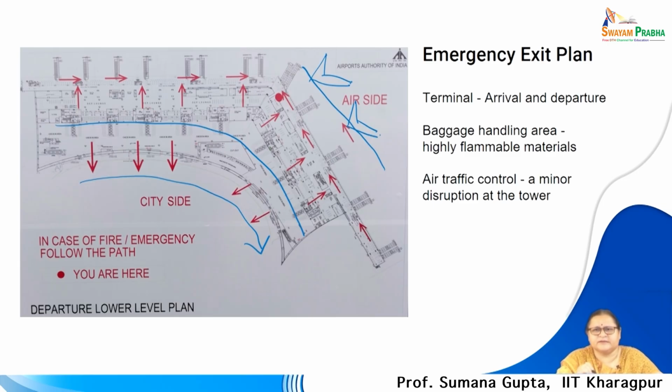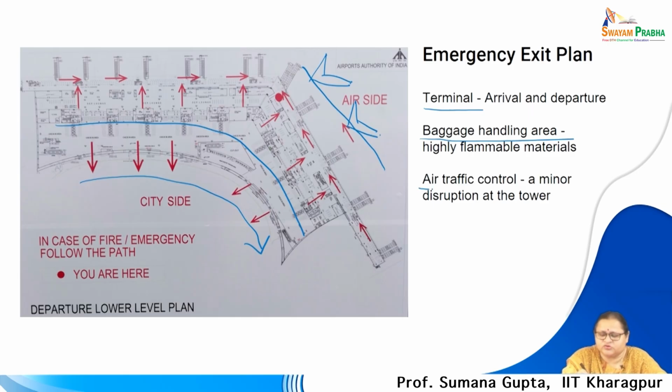As an architect, we have to think of the three broad areas. One is the terminal area which we are talking on. The other is the baggage handling area, because once you are on the city side and taking your ticket, you are handing over your luggage, which has a lot of cellulosic items, and that goes into another zone where we cannot have any access as a passenger.